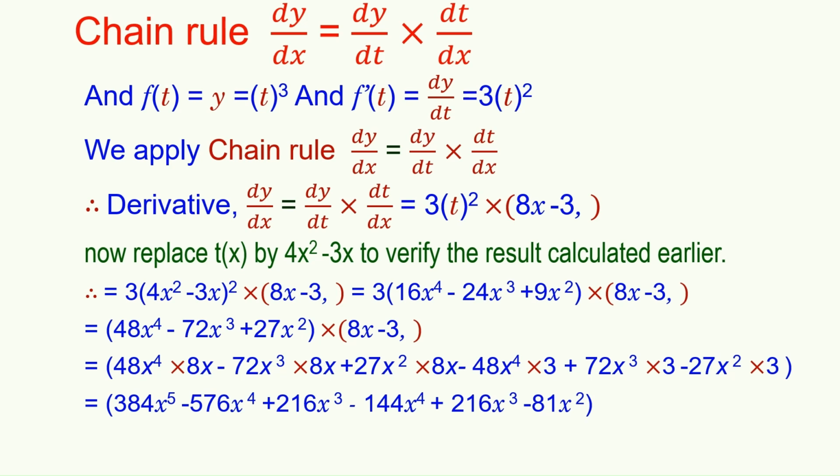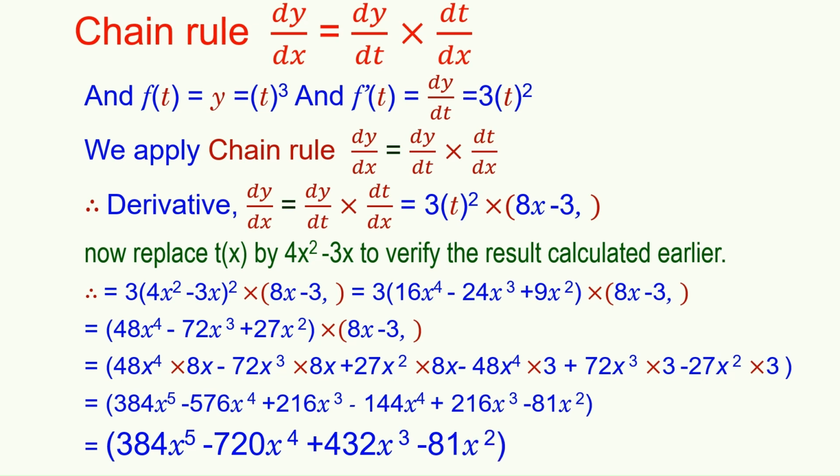Simplifying further equals 384x to the power of 5 minus 720x to the power of 4 plus 432x cubed minus 81x squared.